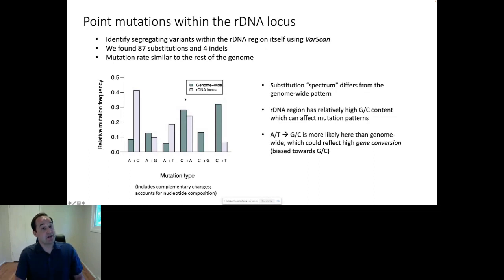If we calculate a mutation rate per site, per base pair here, we see a pretty similar rate to the rest of the genome. So I think these results make sense. However, we do see quite a different spectrum of substitutions. Particularly AT to GC mutations seem to be more likely in this region than in the rest of the genome. This could reflect the repetitive nature of this region.